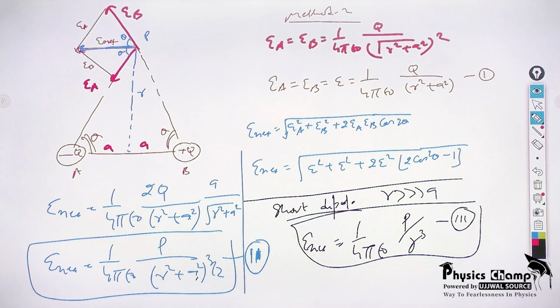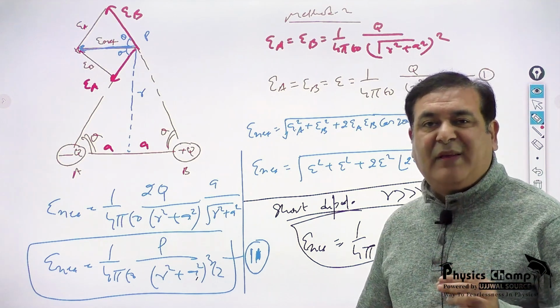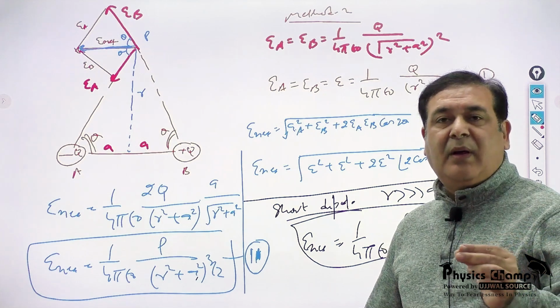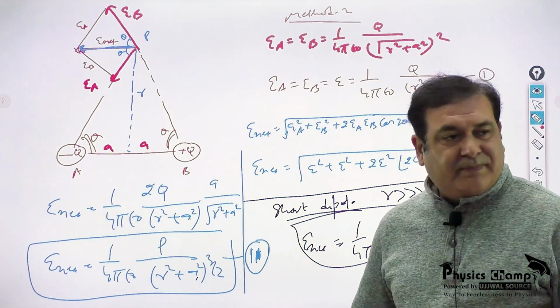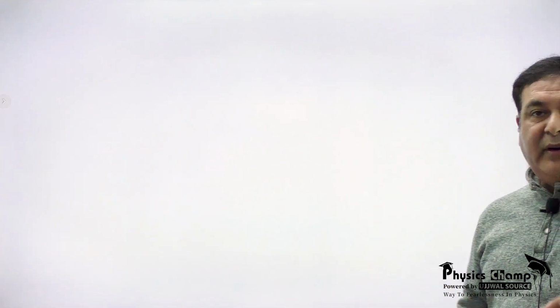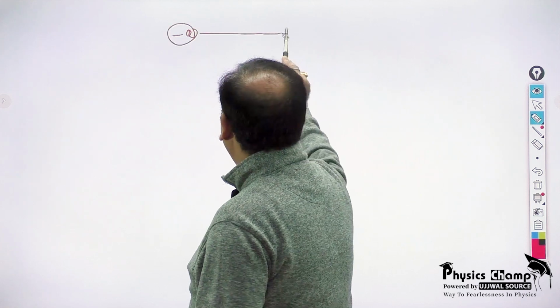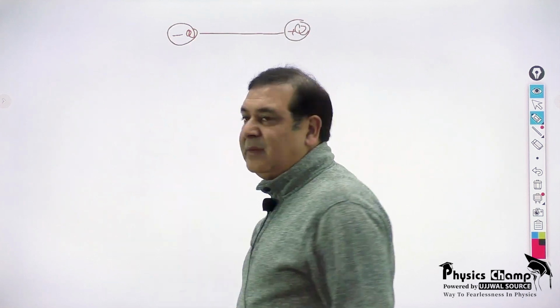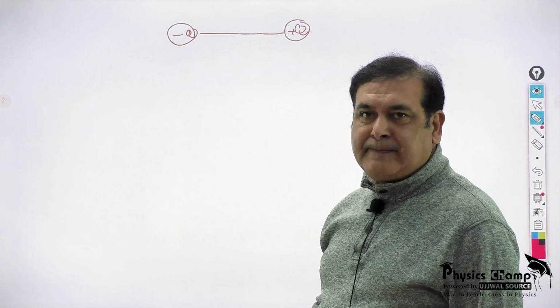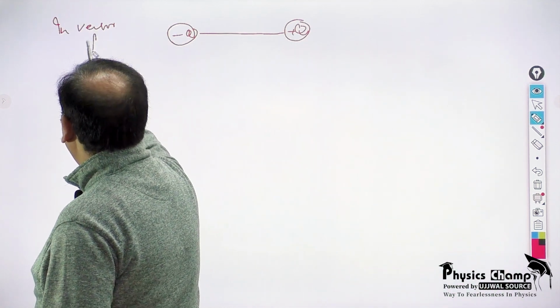Either you find the net electric field by components, or you find it by root of EA square plus EB square plus 2 EA EB cos of the angle between them. So I am writing this result once again in terms of vectors, like we did at the axial position. If you remember, at the axial position we had a negative charge and a positive charge. I am making a comparison in vector form and direction.